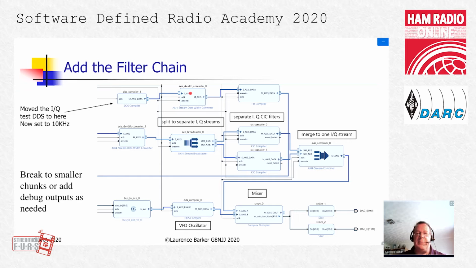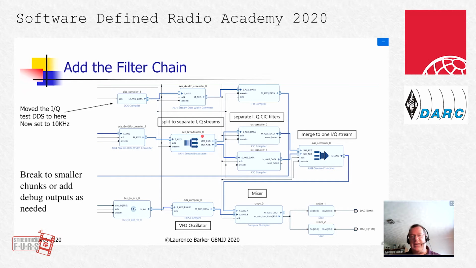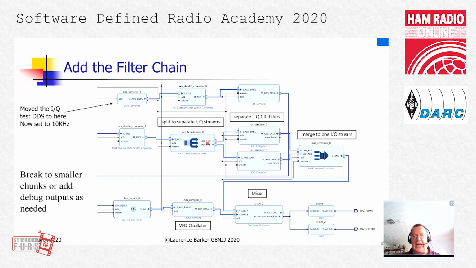I've now set it to a sample rate of 24 kilohertz and set it to produce an IQ signal of 10 kilohertz. You could have broken this down into 2 stages. It's a good idea to do this in 2 stages and feed the signal into the CIC part first, and then finally add the FIR as a second activity.